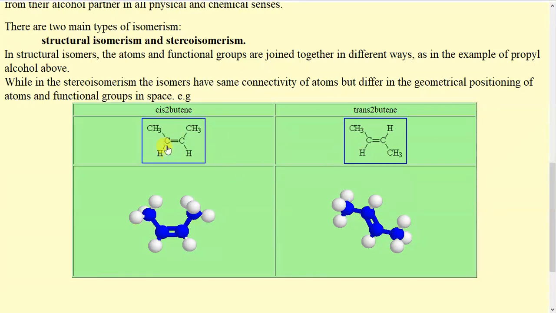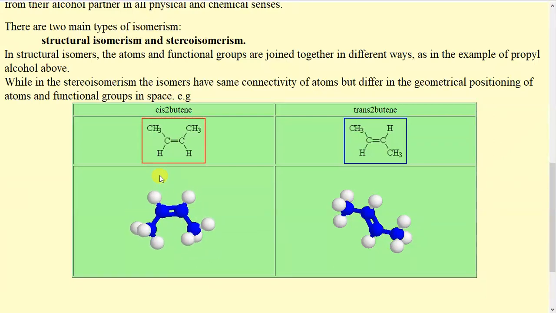But you see that in this case, both the methyl groups lie in one plane to each other, but in this structure, both of the methyl groups are at opposite sides to each other. This is very clearly visible in the 3D model.